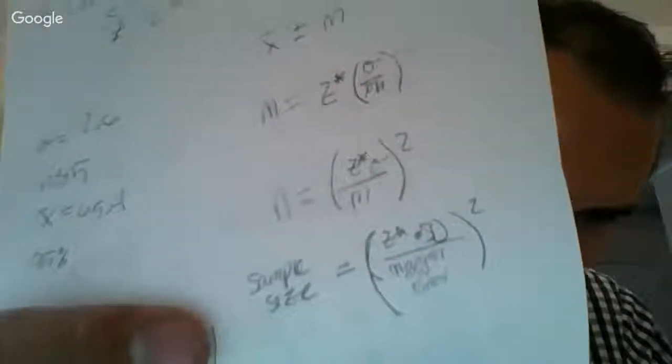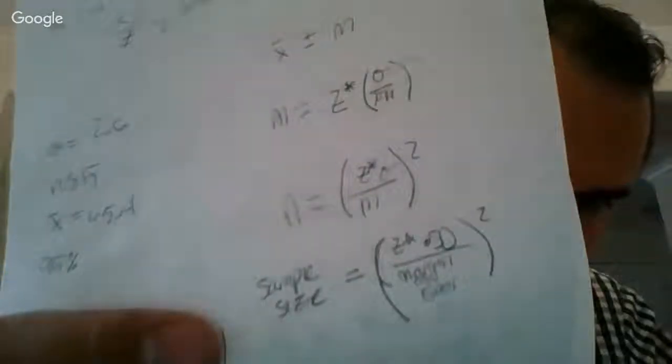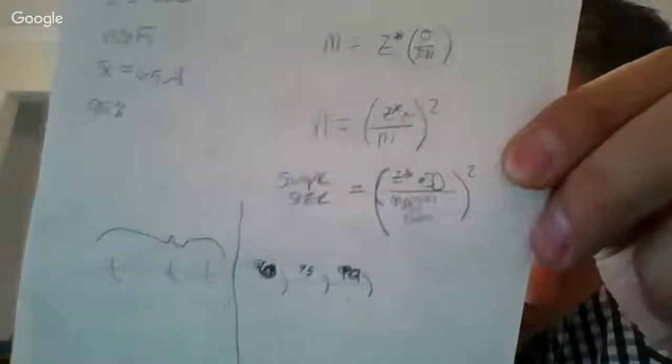And then it's closed parentheses on the outside of all that, and then that's squared. Okay. Can you see that? Yeah, okay. Thank you.